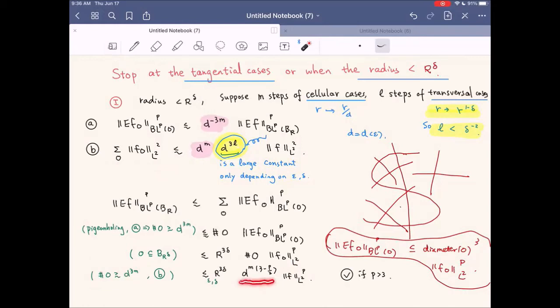And if we put things together, the BLP norm of EF is bounded by the L2 norm of F as long as p is greater than 3, under the condition that all this polynomial partitioning will stop at this radius. Okay, I will pause and see if there are any questions.